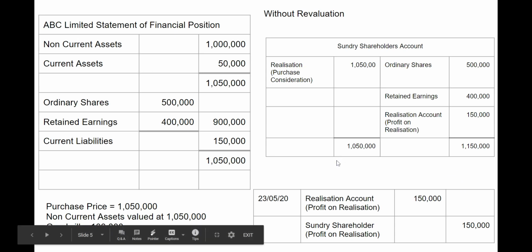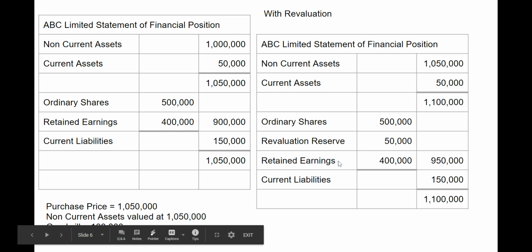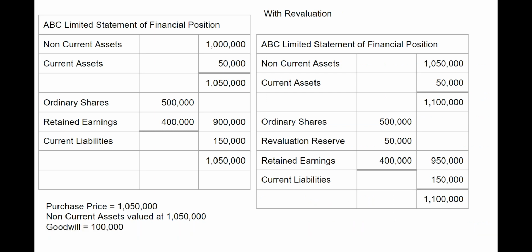Now, there is an argument that it is more realistic to revalue the assets, particularly before we do the realisation account and the Sundry Shareholder account. Occasionally they ask you to do this in an exam question for the board that I teach.